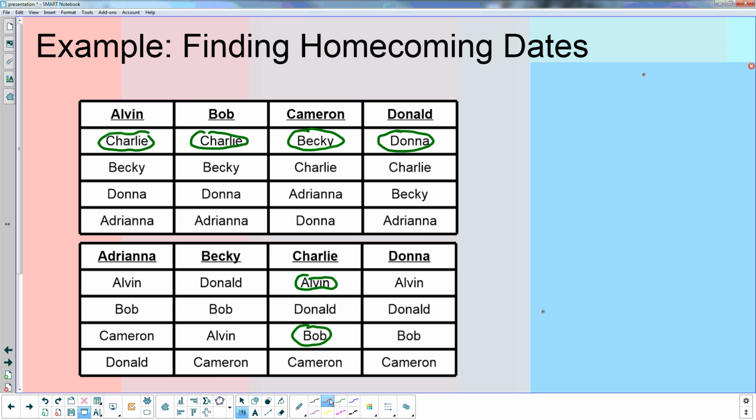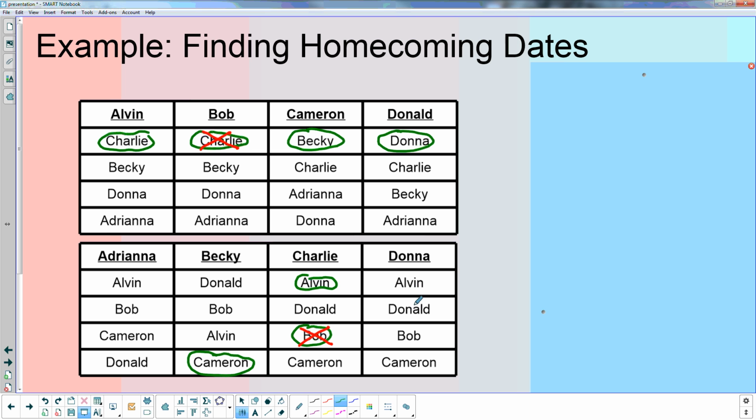Sticking with this proposal scenario, Charlie gets 2 proposals. She rejects all but the highest one. So she actually rejects Bob's proposal and accepts Alvin's proposal, as his name is higher on her list. Cameron proposes to Becky, and since that's Becky's only proposal, she tentatively accepts it, or as your book would say, she says maybe.